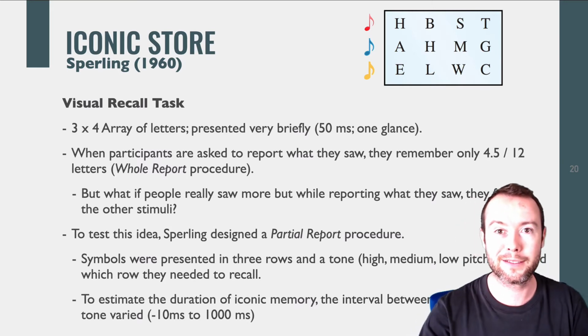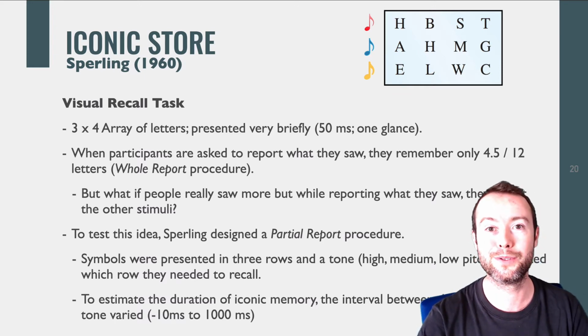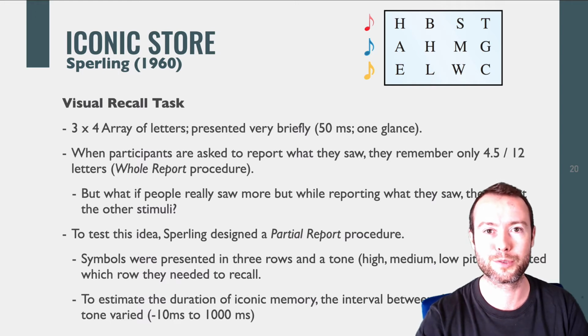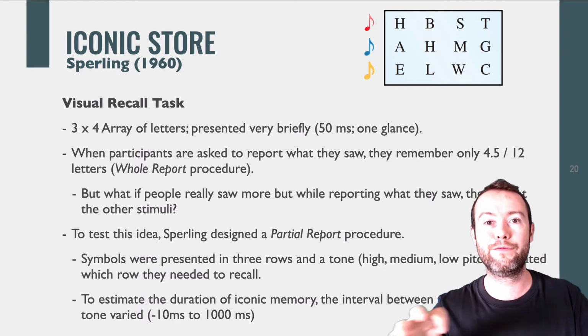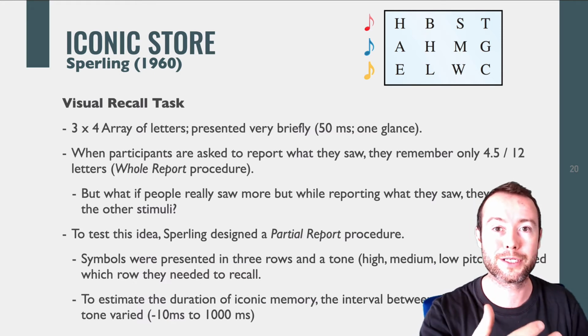But in this design, they continued to be a little bit greedy of what we could understand, and they wanted to get a measure of what is the duration of the iconic memory store as well. So to do this, they would vary, after that array has disappeared, when they presented the tone.